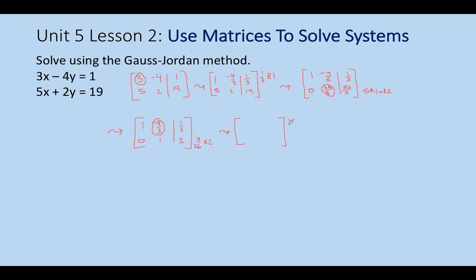So 4/3 times row 2, and then I'm going to add that into row 1, and that's going to turn this into a 0. So bottom stays the same, 0, 1, 2. On the top, well, 4/3 times row 2, that's going to be 0 plus row 1, so that's why this stays 1, which is definitely necessary. But 4/3 times 1 plus -4/3 is going to wind up being 0.